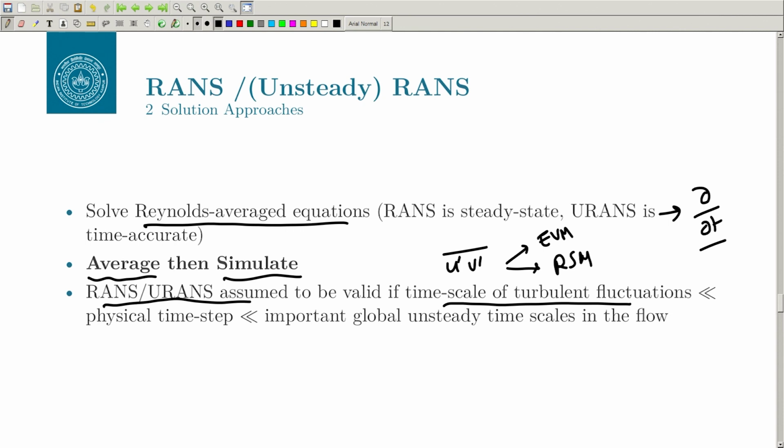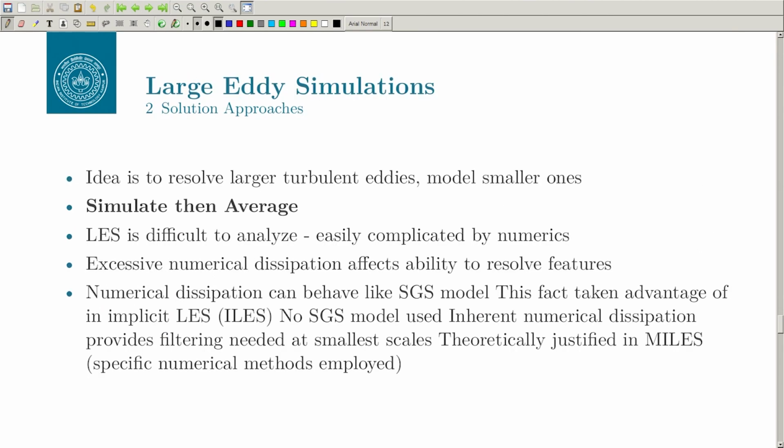We will come back to this assumption when we have some more practical applications, which we will discuss later. On the other hand, in large eddy simulation, we resolve the large eddies but model the smaller ones, which may be responsible only for dissipation.